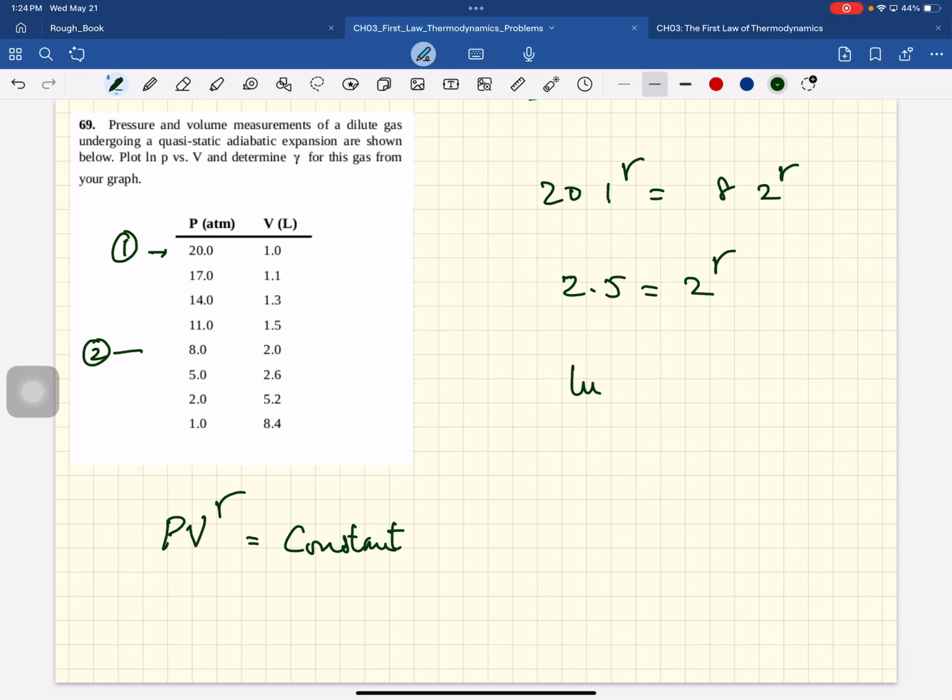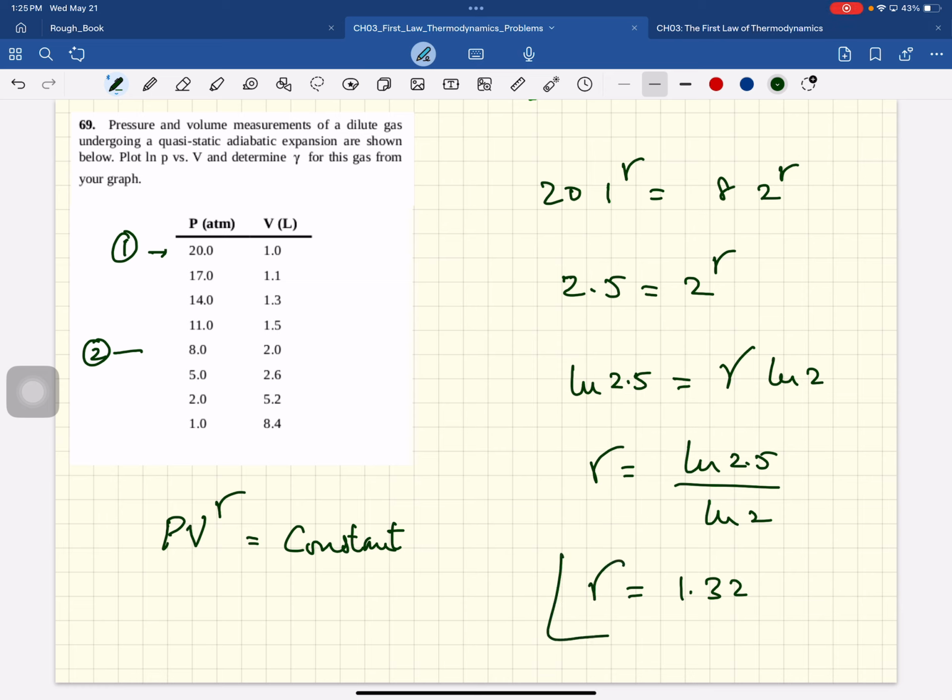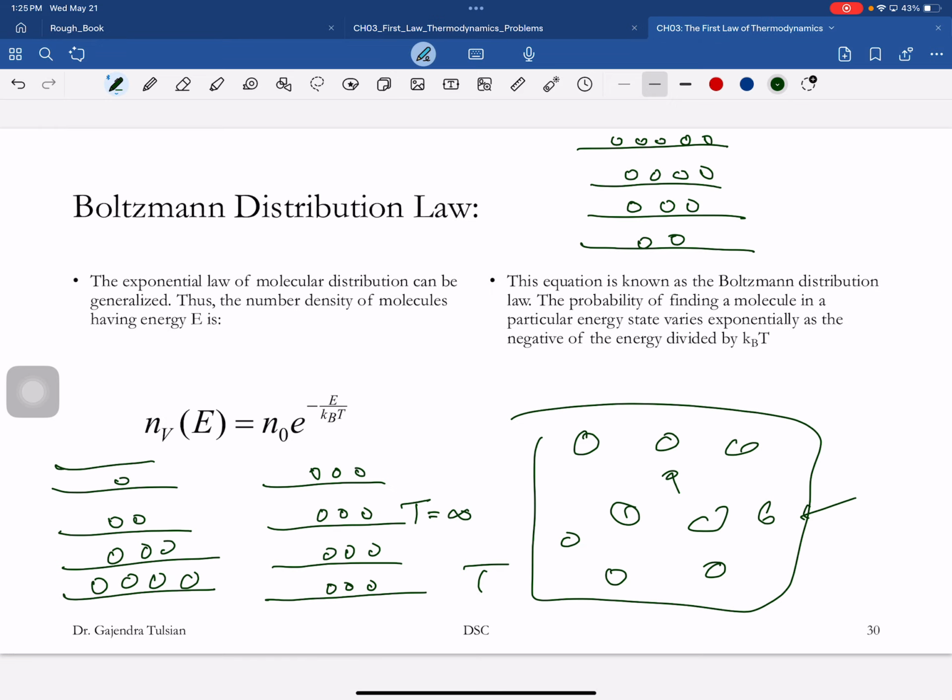Log 2.5 equal to gamma log 2. Okay, so what kind of a gas is this?